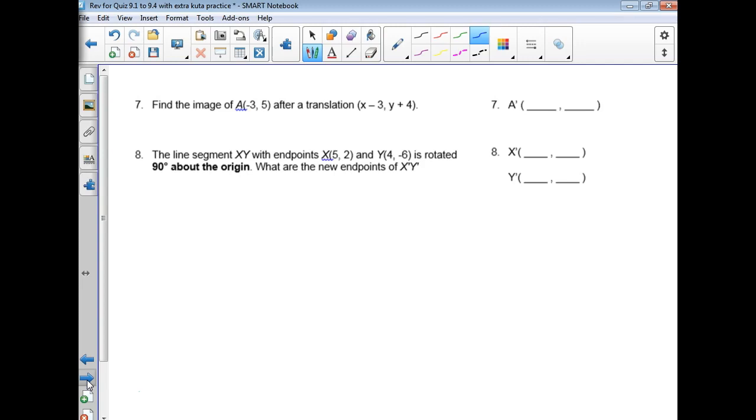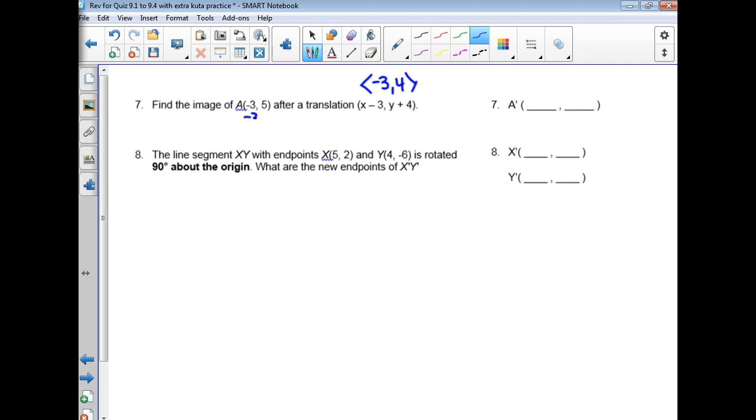7 says find the image of negative 3, 5 after a translation of, and now this notation is a little different than a vector. To remind you that this means the same thing as vector negative 3, 4, which is telling me left 3, up 4 if you were sliding around on a coordinate plane. But what this one shows you is subtract 3 from the x and add 4 to the y.